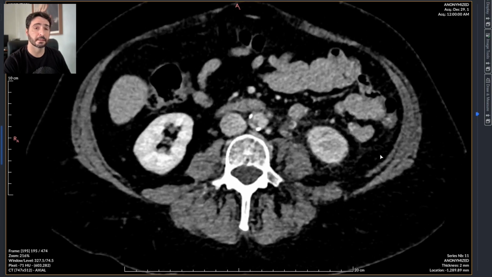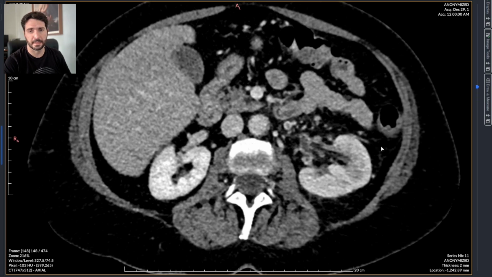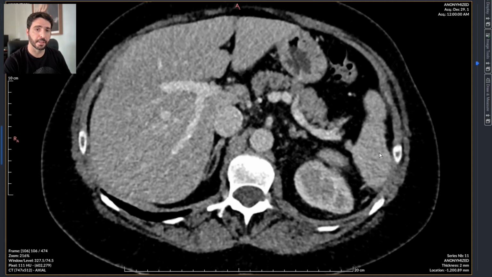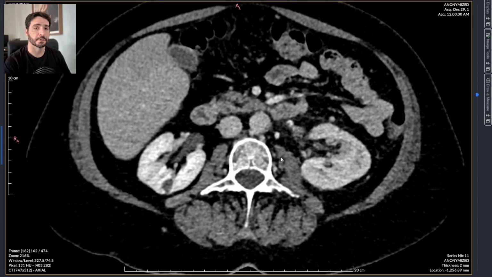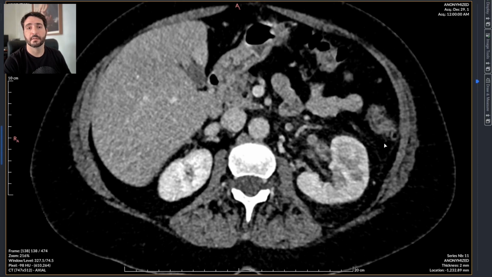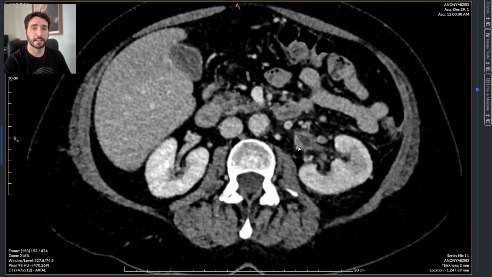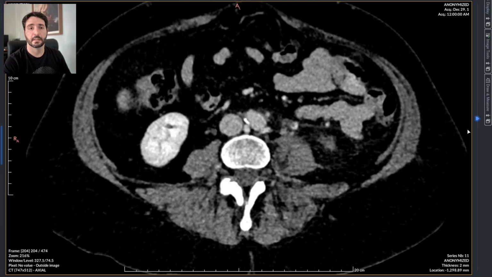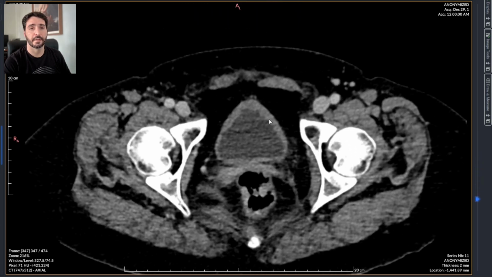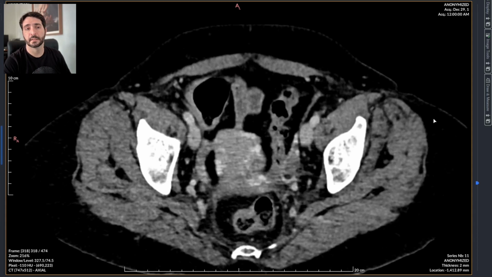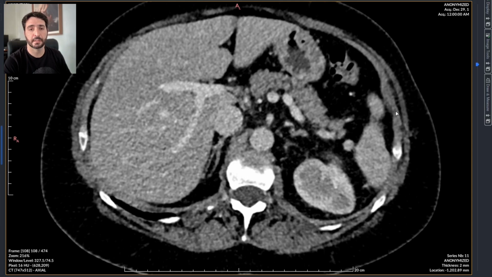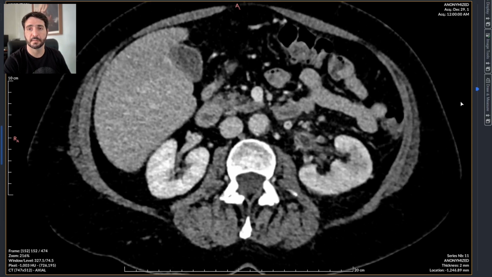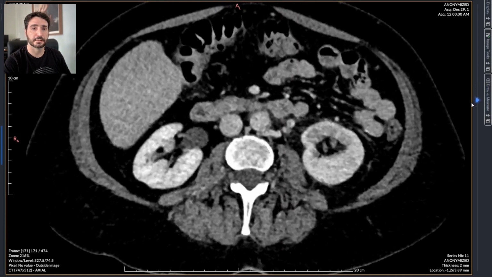It's really not that severe, because it's quite difficult to tell if you are not experienced. It's a great thing we have the right kidney to compare, and we can also confirm that the urothelium, the walls of the pelvis, the ureter, and the bladder are indeed thickened, irregular, and enhancing too much by the contrast medium, which tells us there is some kind of inflammation, some kind of disease affecting this anatomical structure.